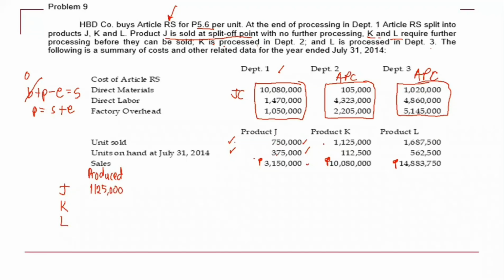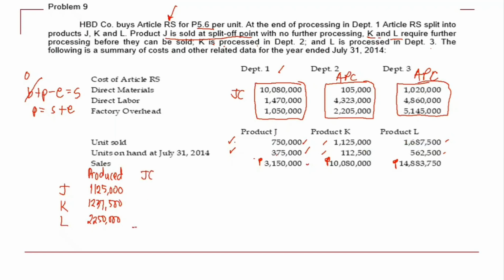Ang product K natin ay 1125 plus 112,500, 1,237,500 units. And then for product L, it's 2,250,000 units. Add lang po natin yung dalawa to arrive at the number of units produced. Physical measure po pinag-usapan. So ito na po yung physical measure natin.